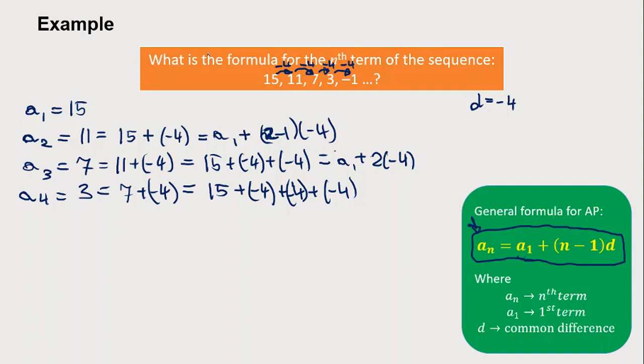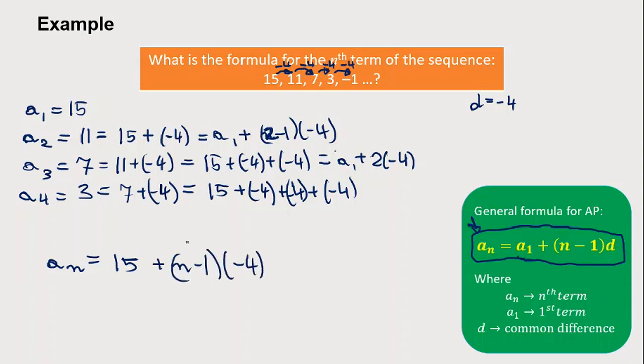But to solve that particular problem, I want to know the specific formula for the nth term of this sequence. So for an, I simply substitute my value of a1, which is 15, then I will have plus n minus 1 multiplied by the difference minus 4.